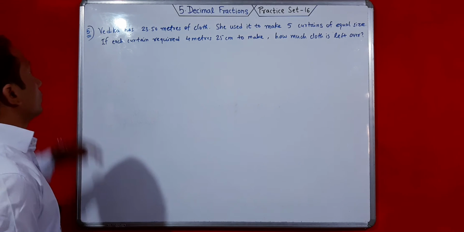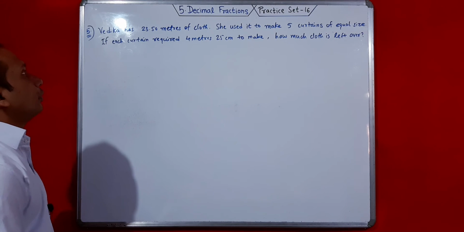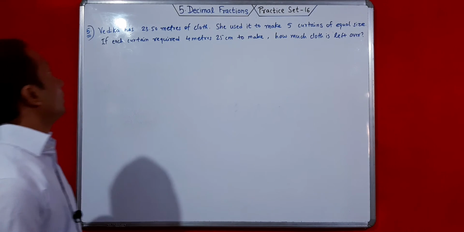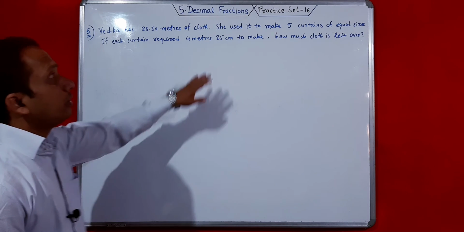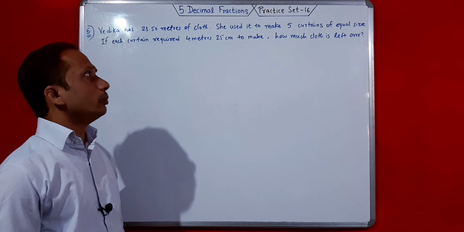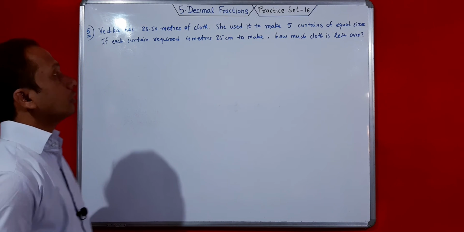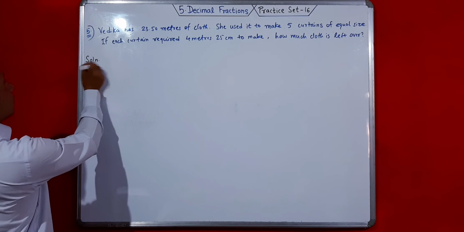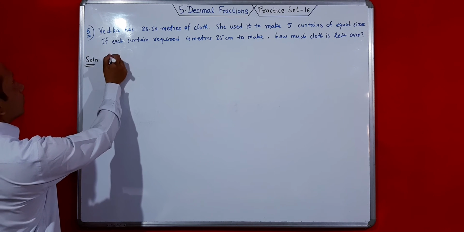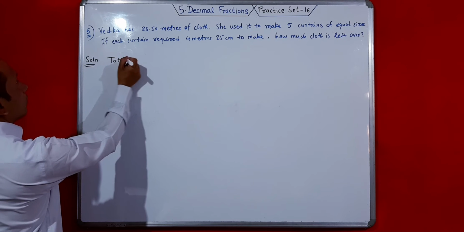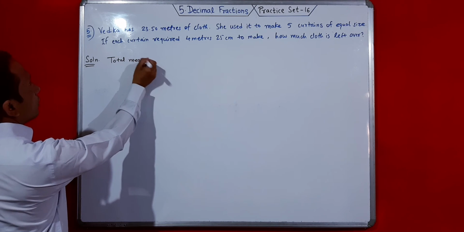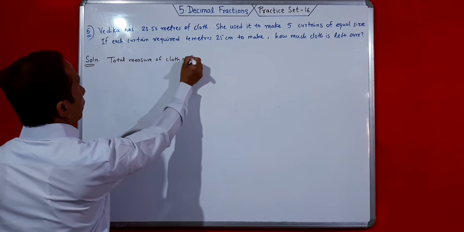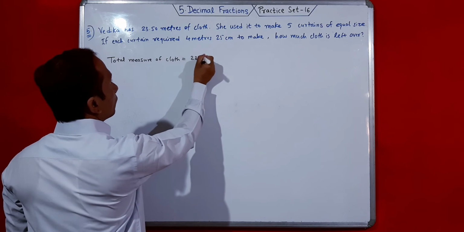Question number 5. Vedika has 23.50 meters of cloth. She used it to make 5 curtains of equal size. If each curtain required 4 meters 25 centimeters to make, how much cloth is left? So we'll do this solution. The total measure of cloth is equal to 23.50 meters.